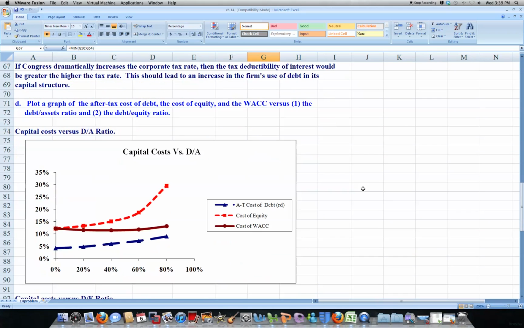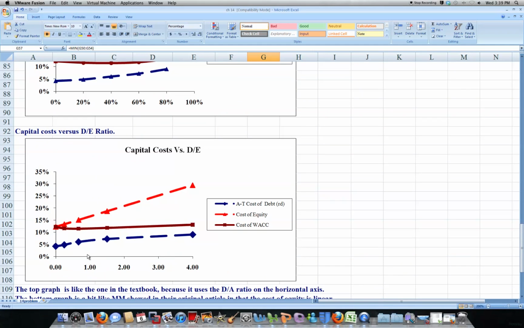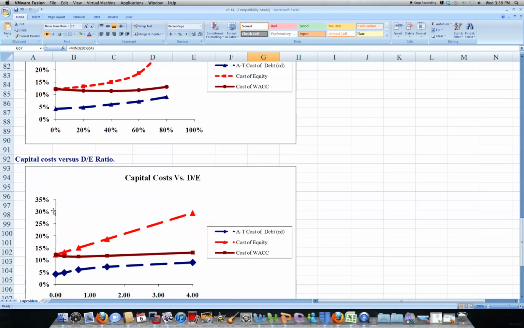Now, be sure and answer the questions. Then do a graph, plotting after-tax cost of debt, cost of equity, and weighted average cost of capital versus the debt to asset ratio and debt to equity ratio. Here we have our percentage cost of capital, here we have our debt to assets, and here we have our debt to equity. This was our various costs of capital.